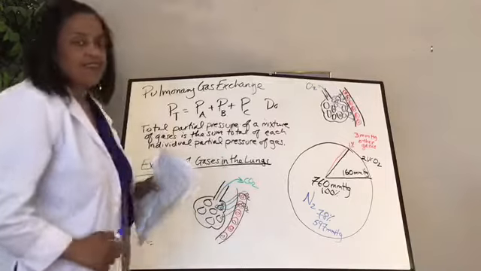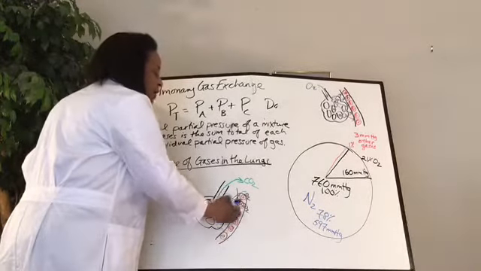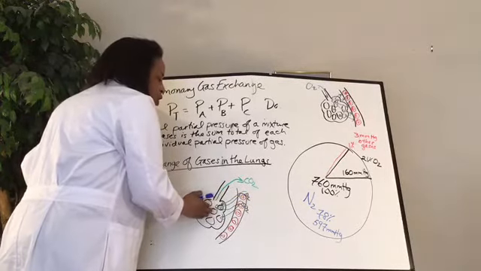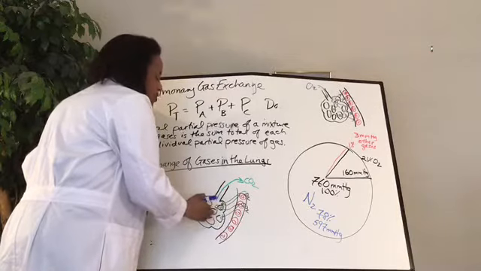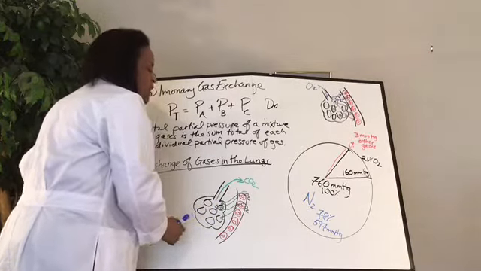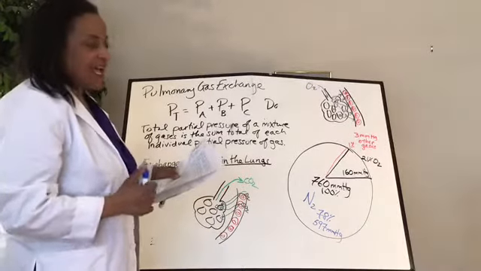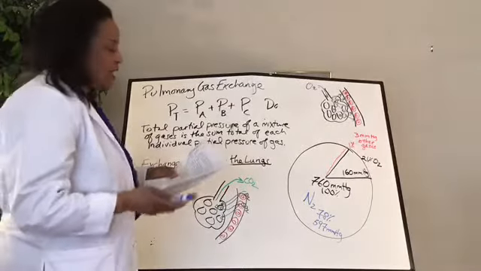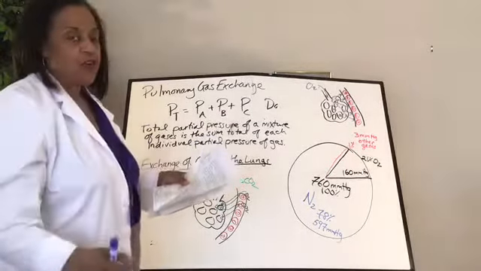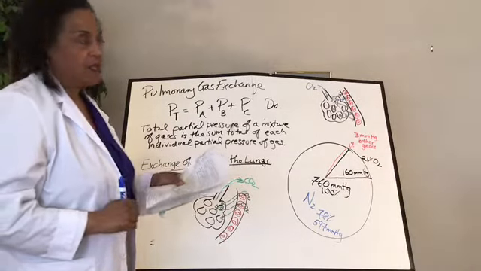So, here you have carbon dioxide leaving the lung. Why? Because there's a higher pressure gradient of carbon dioxide on the red blood cell to get off of it and go into a lower pressure gradient in the lung. And then we can breathe that out. Here again, you have the exchange of carbon dioxide and oxygen between the alveolar air and the pulmonary blood, which converts deoxygenated blood to oxygenated blood.